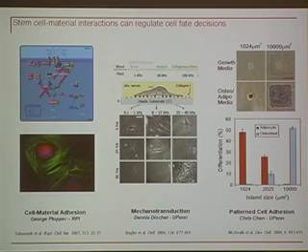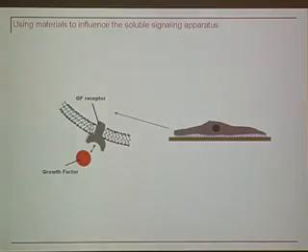So in sum, these studies have really demonstrated that cell material interactions are vital for directing stem cell fate. What we've been interested in is an alternative set of approaches where the material actually acts as a regulator of soluble signaling rather than as a regulator of typical cell material interactions.